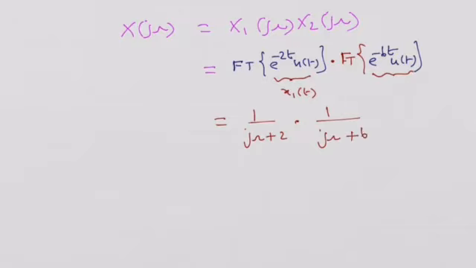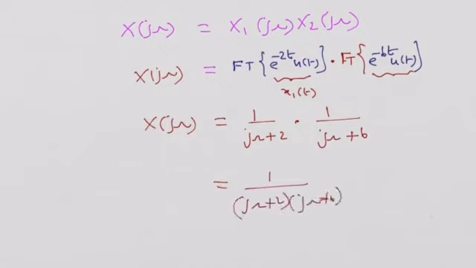Now, the result x of j omega is the product, 1 divided by j omega plus 2 multiplied with 1 divided by j omega plus 6. Right? When you expand it, it becomes 1 divided by j omega plus 2 multiplied with j omega plus 6.